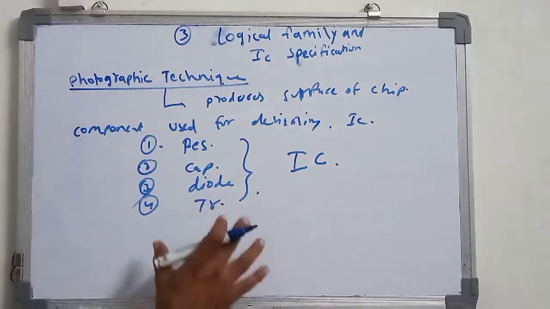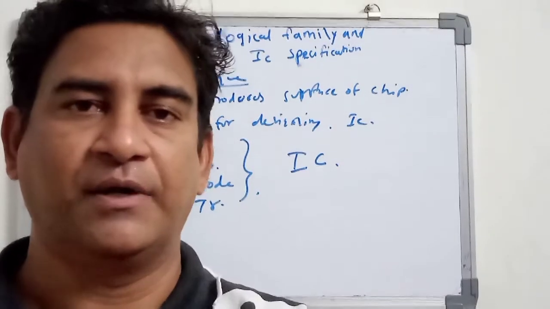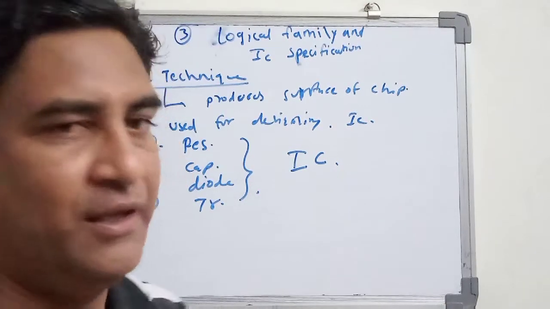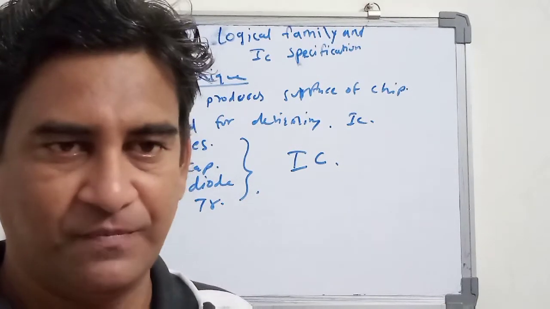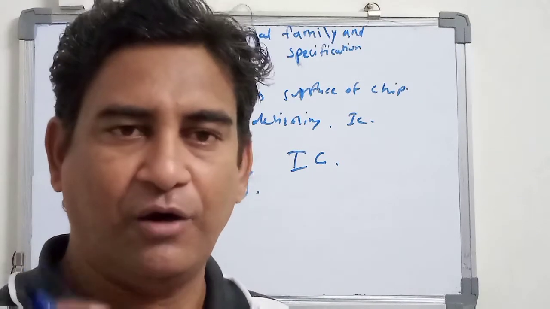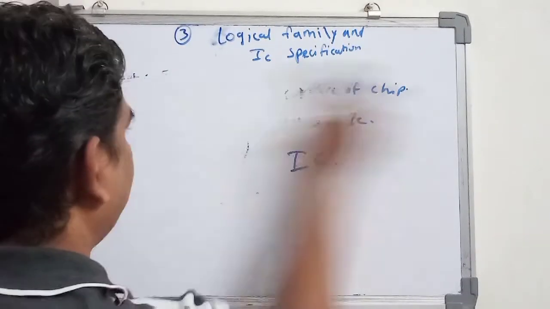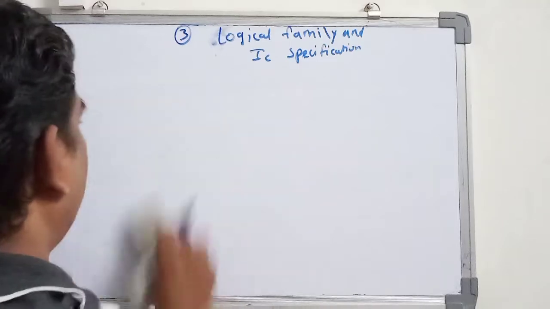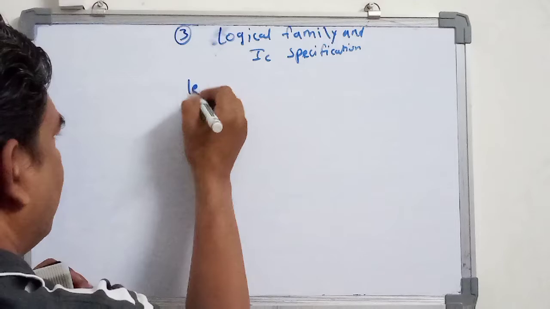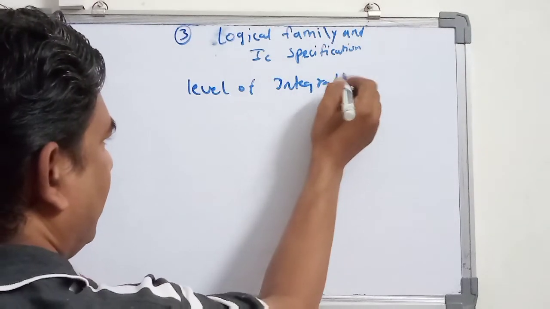Now we have to study the different levels. As you know, certain things have levels. In the same way, this IC also has specific levels. In your book, that is given as the level of integration.